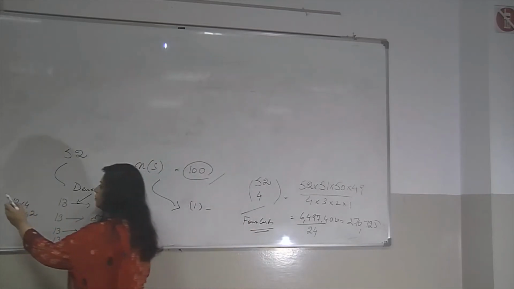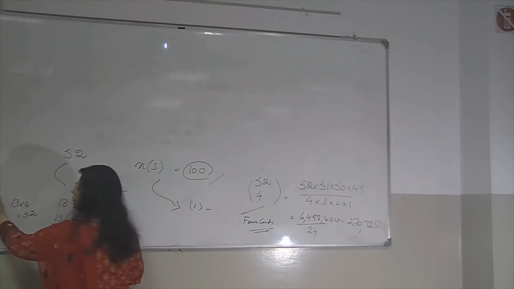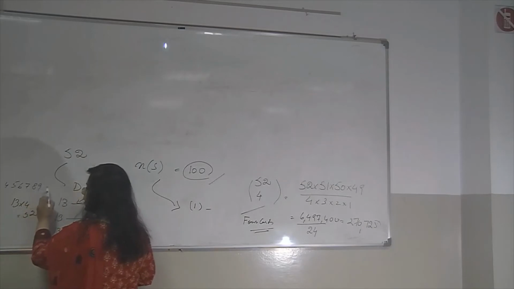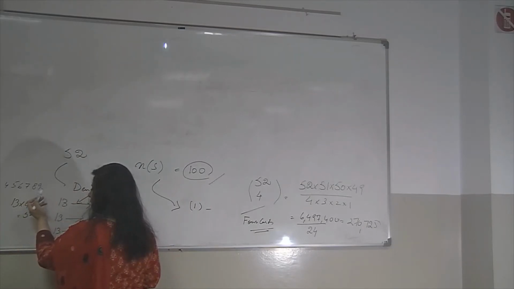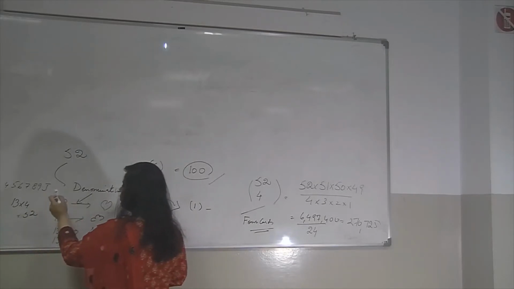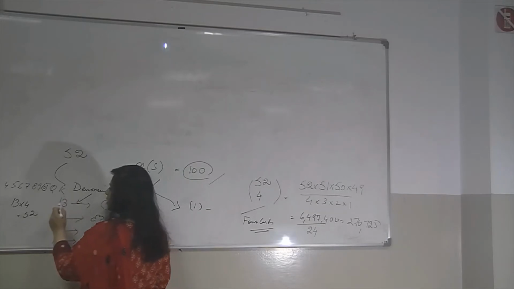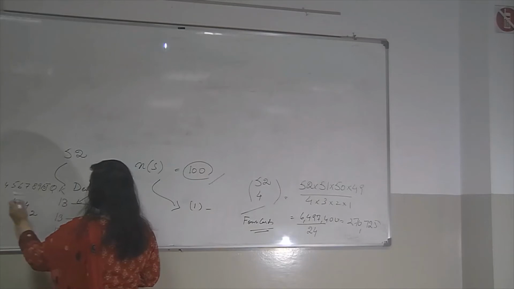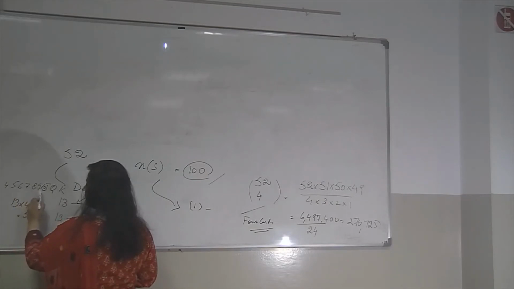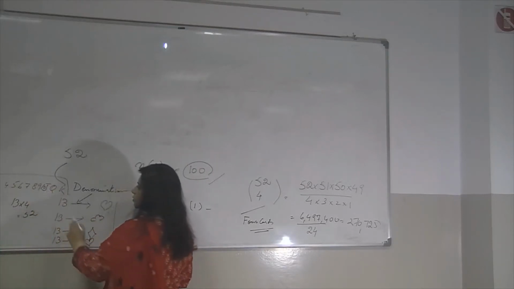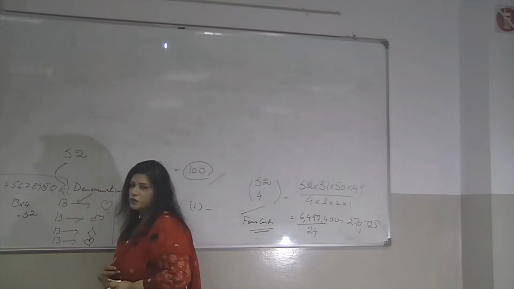For instance, I have A as 1, then we have 2, 3, 4, 5, 6, 7, 8, 9, then jack or 10, then a queen, then a king. So you can simply count: 1, 2, 3, 4, 5, 6, 7, 8, 9, 10, 11, 12, and 13. So we have 13 cards of one denomination.